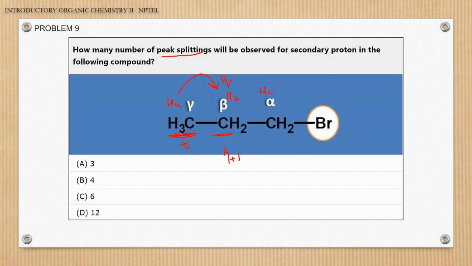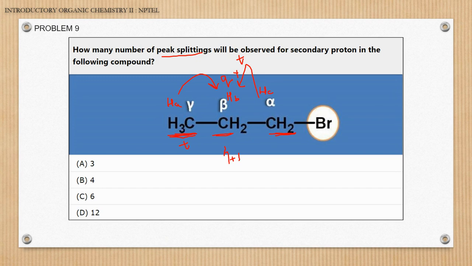Because there are 3 protons, n becomes 3 and 3 plus 1 is 4. That is why you will see a quartet because of this methyl group. Now there is also the HC proton present at the adjacent position, so it is further split because of this HC proton. So now this is also giving you a triplet. So quartet plus triplet is the multiplicity for this CH2, for this HB.